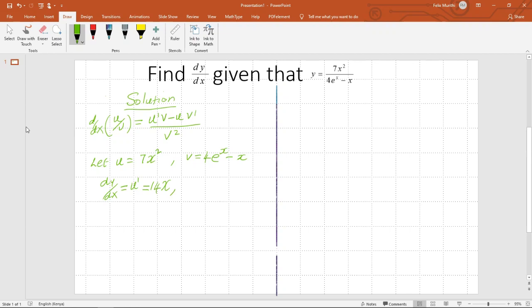Then dv/dx, which is the same as v prime, will be given by 4e^x minus the derivative of x, which is 1. Once we have that, we can substitute into the quotient rule formula.